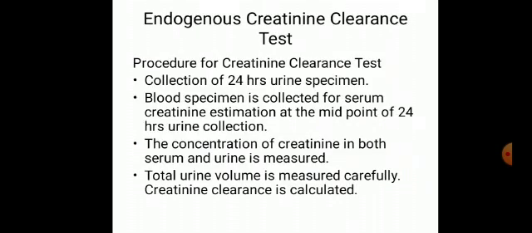Endogenous creatinine clearance test. The procedure for the creatinine clearance test is that a 24-hour urine specimen is collected, and a blood specimen is collected for serum creatinine estimation at the midpoint of the 24-hour urine collection. Both specimens are taken, the concentration of creatinine in both serum and urine is measured, and the total urine volume is also measured carefully.